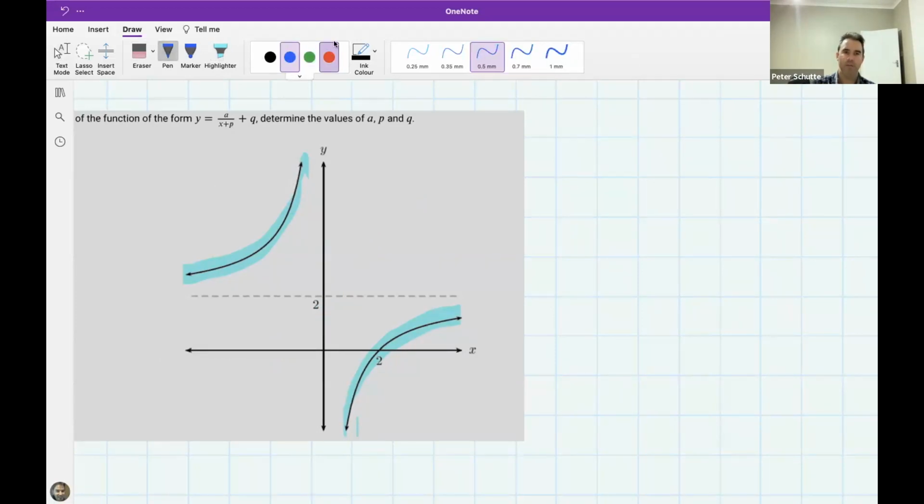I'll give you a hint with this one. You know that the one asymptote is y is 2, but the other asymptote is x is 0. So these are the asymptotes. The sneaky thing is that the one asymptote, they're not showing you because it's actually on that y-axis. So think about how that'll affect your answer.